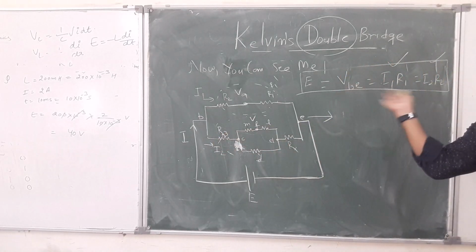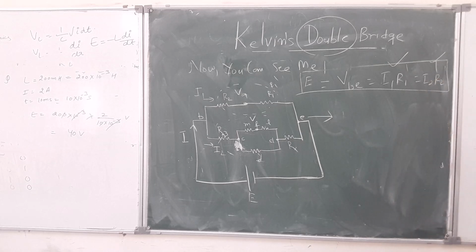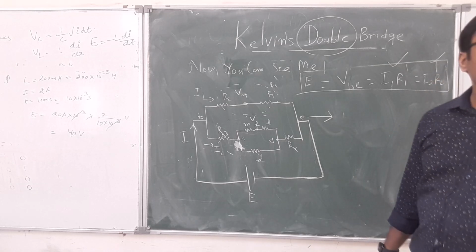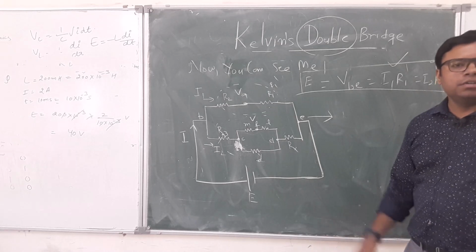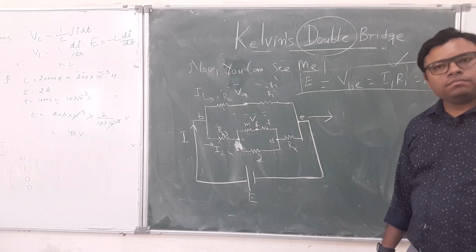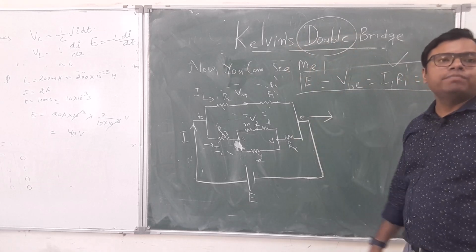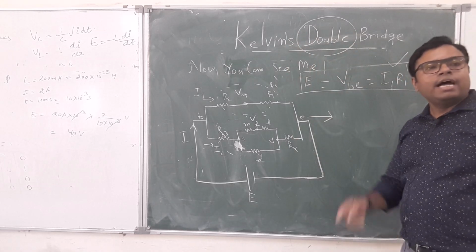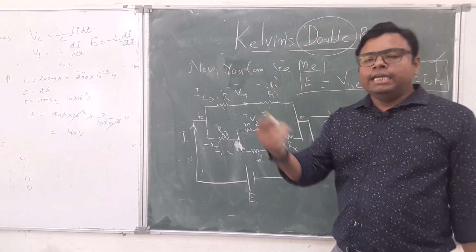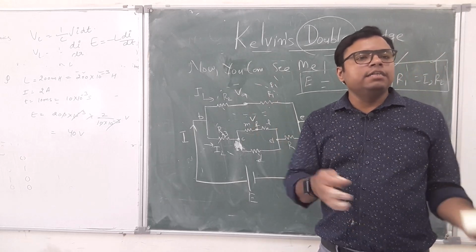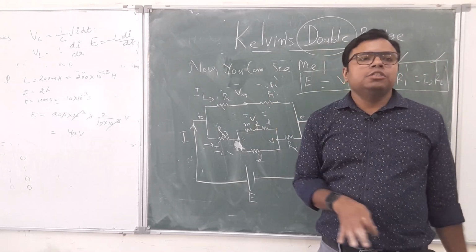Then I cancel it out from both sides, and we are left with only resistance, no current, because we do not require current in the measurement. Remember the methodology of the Wheatstone bridge, from where I started, because in books you may find an easy way, but the thought process is broken.